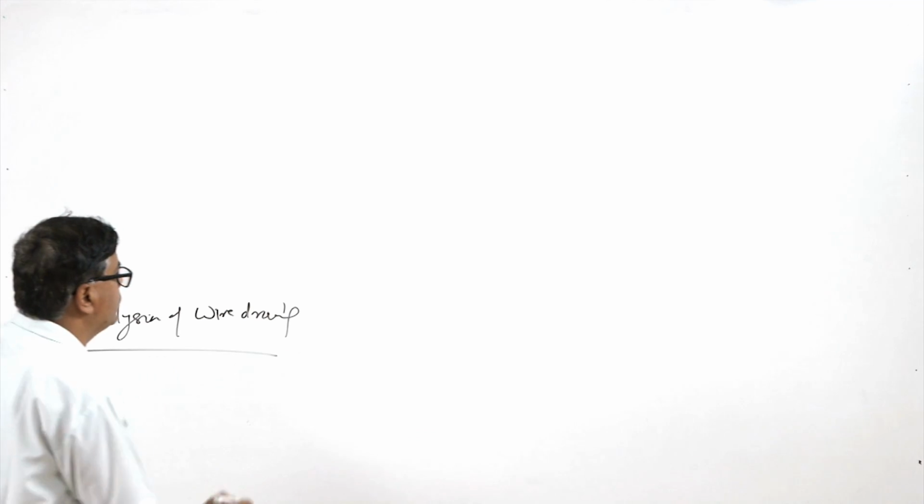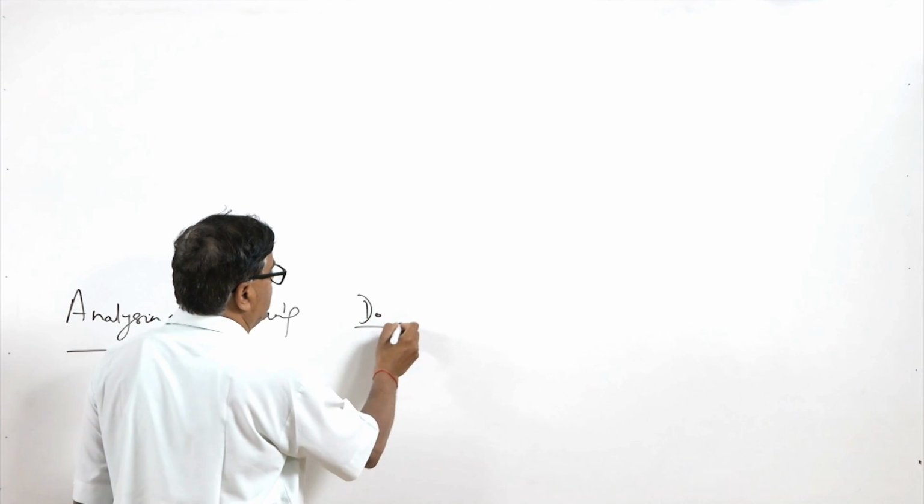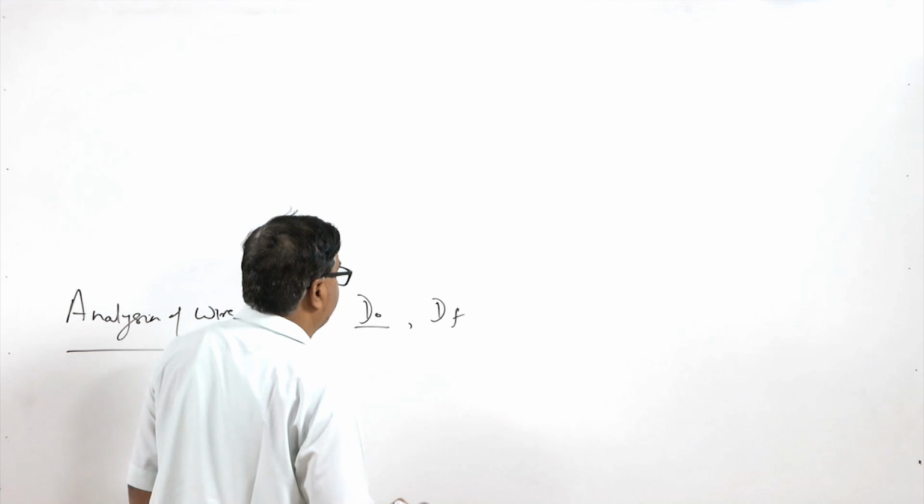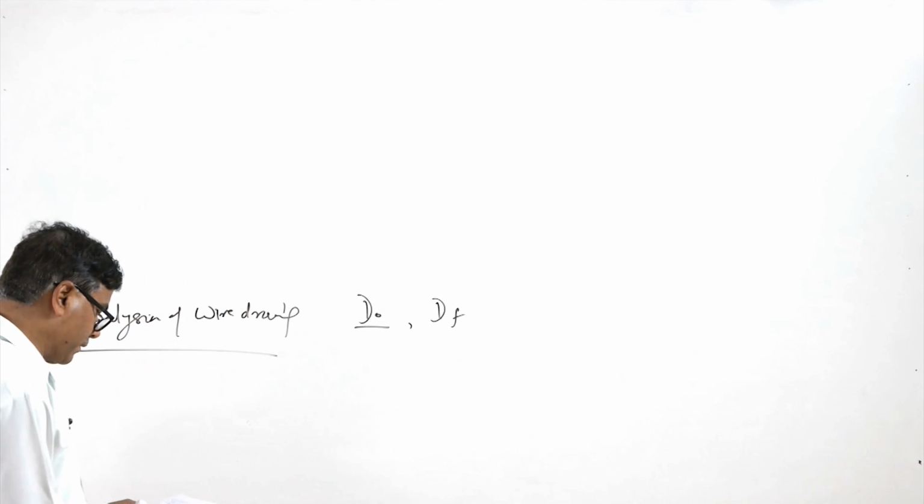So, now we know that there is an initial diameter d naught and the final diameter df. So, using these we can calculate a number of things.